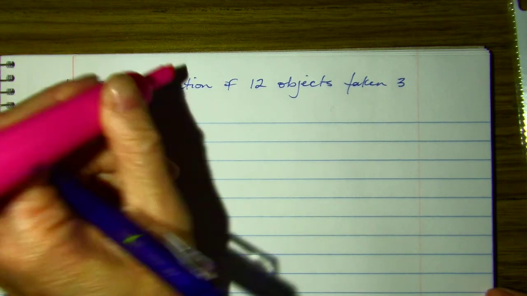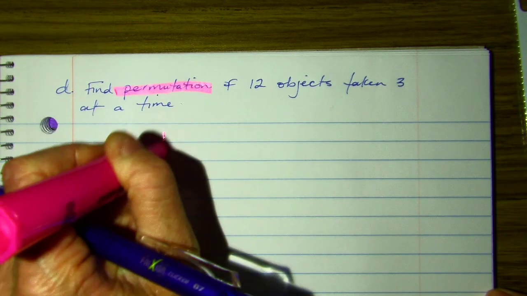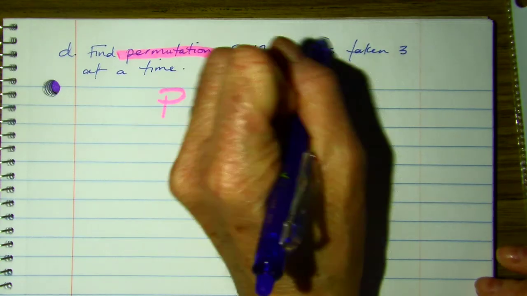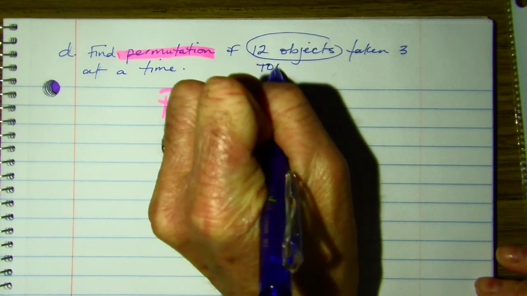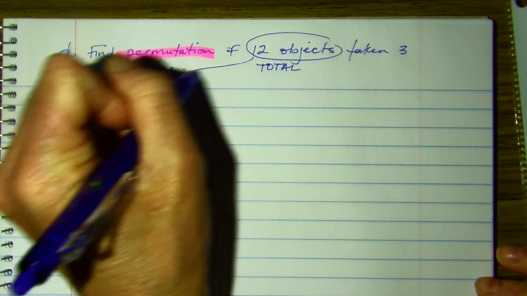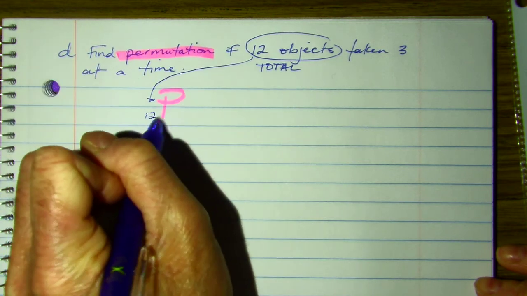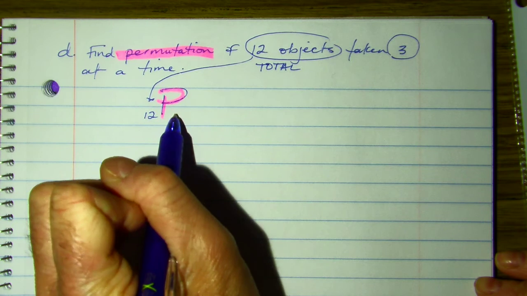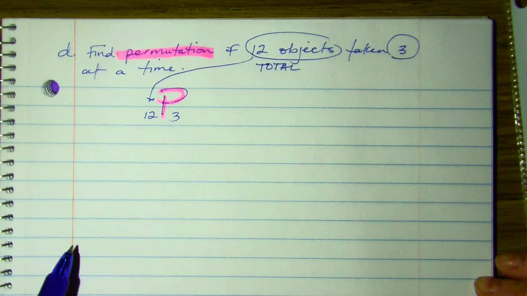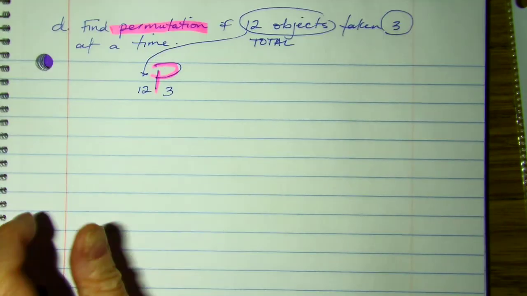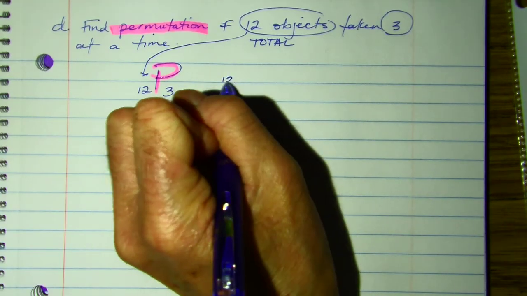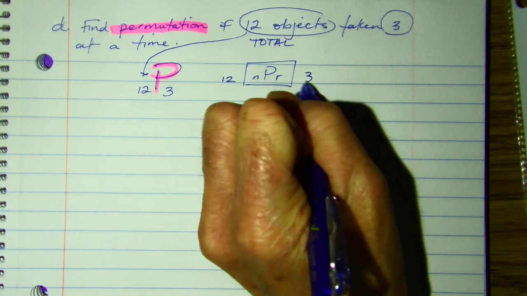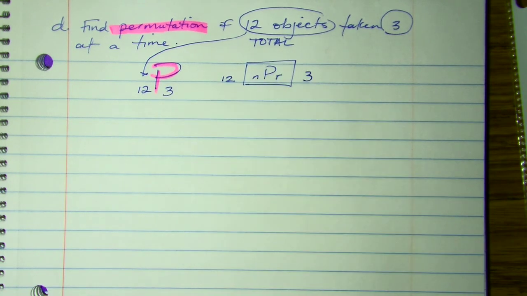So this says permutation, so I'm going to use a big P. 12 objects, that's my total, so that should go here. So 12P, and I'm taking 3 at a time, so the smaller number goes here. So in a calculator, I would hit 12, then the NPR button, then I have to hit 3, and then I have to hit enter.